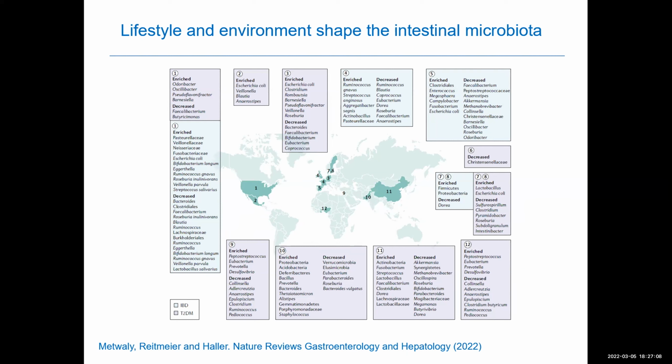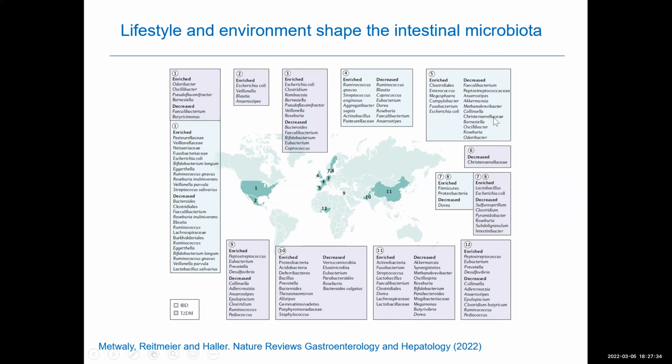As you can see here in this picture, you can see the map and the different locations we have looked at, and we actually don't have really a unique microbiome signature in all these locations. So it's quite variable.